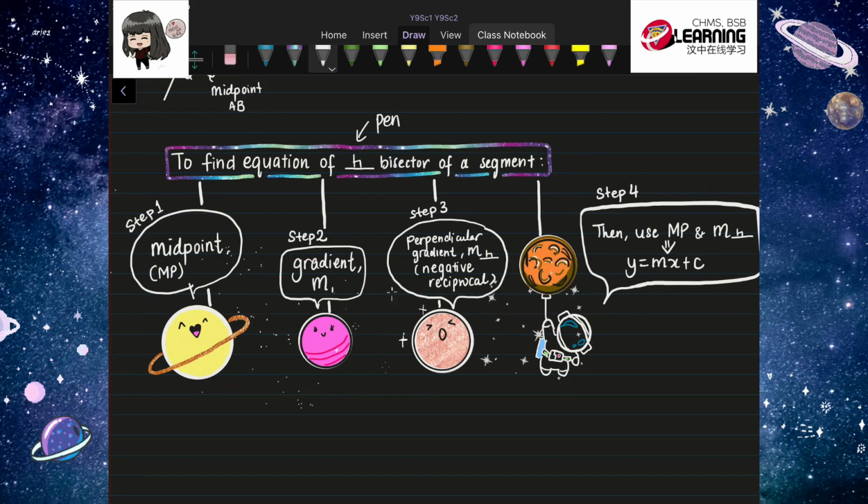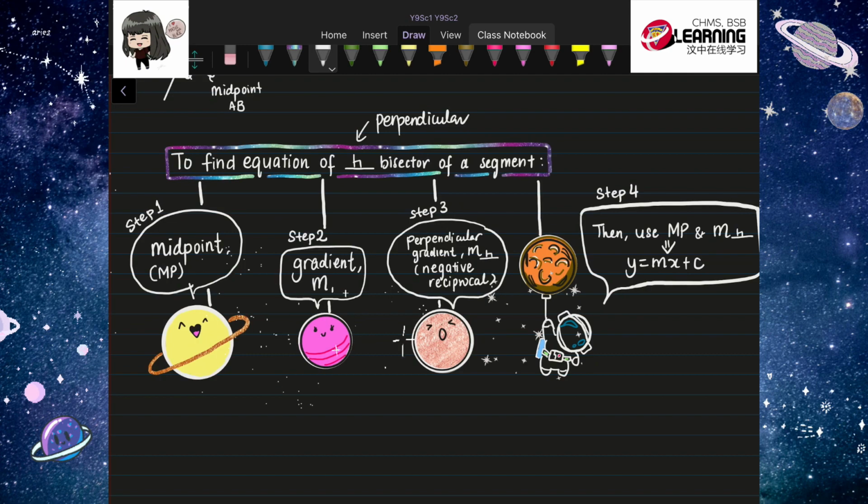The perpendicular bisector is the line that cuts another line into half. To find the equation, please jot down these 4 steps. We're going to use these 4 steps for our next questions.